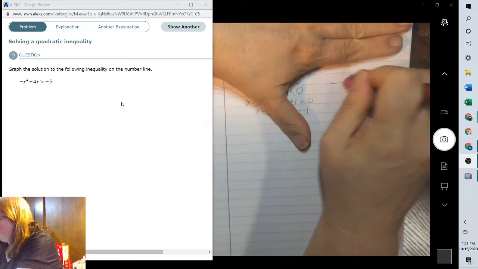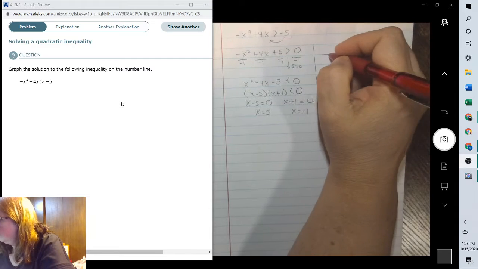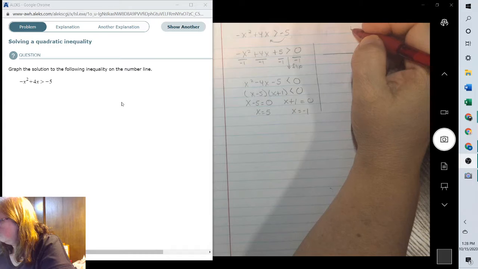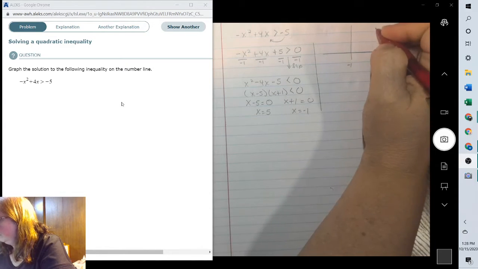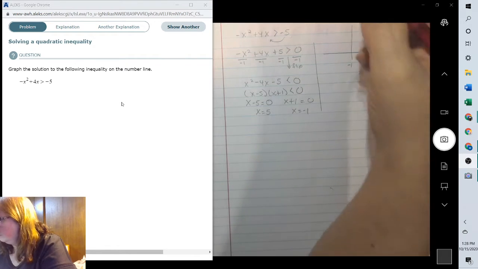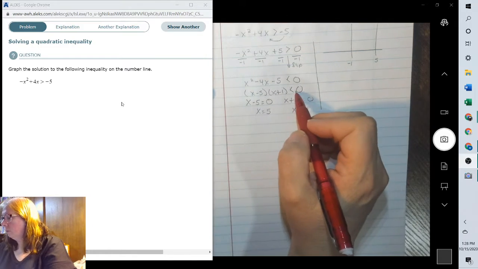So we want our number line, -1 and 5. And we want to test points to make sure they are less than 0.